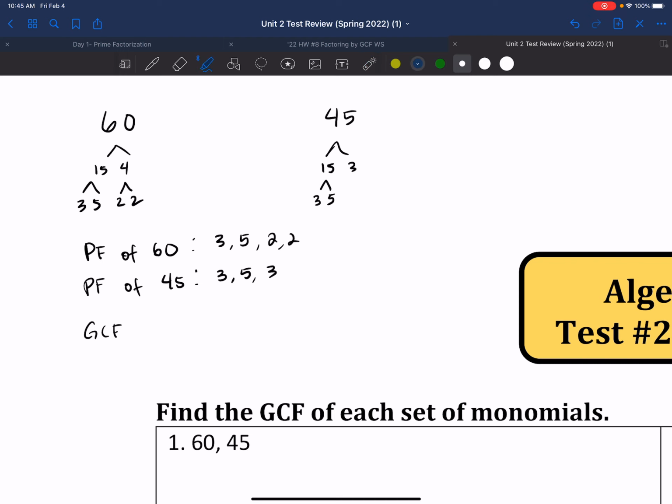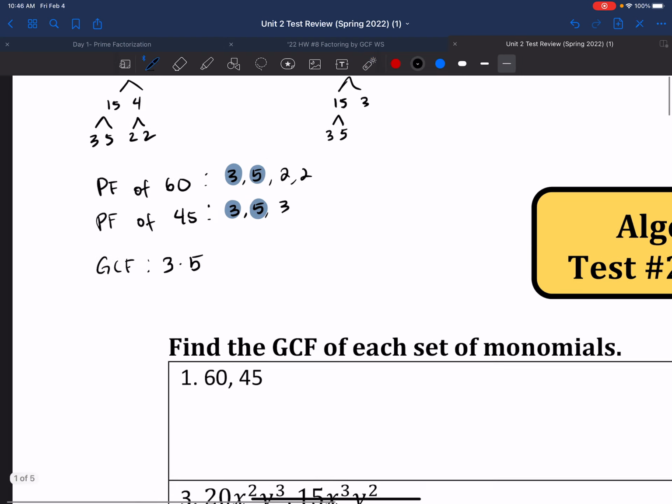So I see a 3 here. Do I see a 3 in the list of 45? Yes, I do. And how about this 5 over here? Yes, so that one also has a 5. There's a 2, but there's not a 2 here. There's a 2, there's not a 2 here. There's a 3, but there's not a 3 here. So I just write what they both have in common: a 3, only one, and a 5, only one.